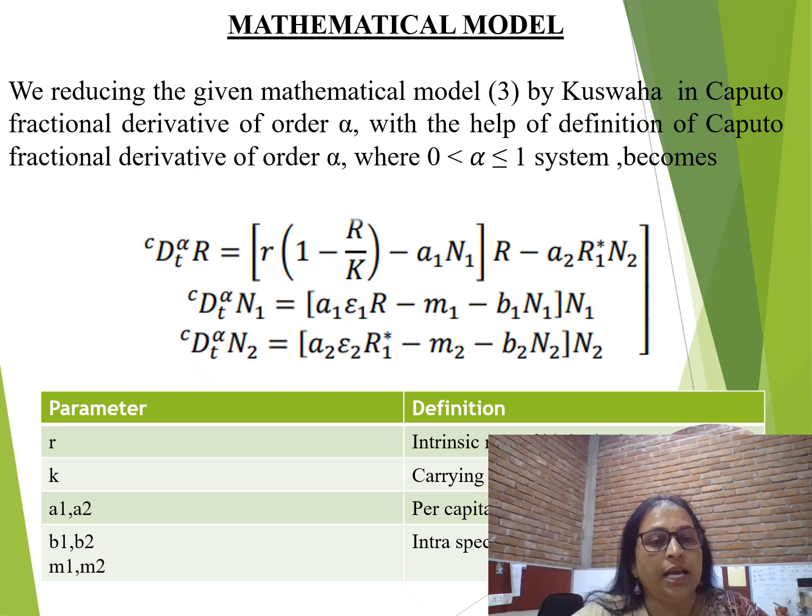C d alpha t N1 equals a1 epsilon 1 R minus m1 minus b1 N1 into N1. Here the parameters are these: r is the intrinsic rate, K is the carrying capacity, a1, a2 are the per capita rates, b1, b2 intraspecific rates.